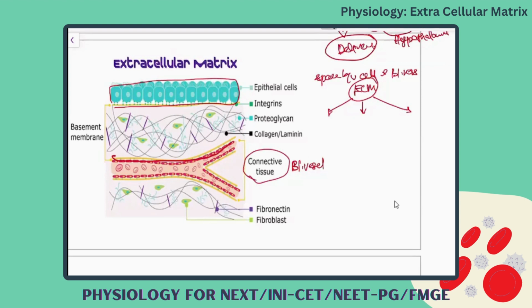Okay, just copy it down, the extracellular matrix, and separate into 3 divisions. You have 3 major components of extracellular matrix. The first one is the structural fibrous protein.